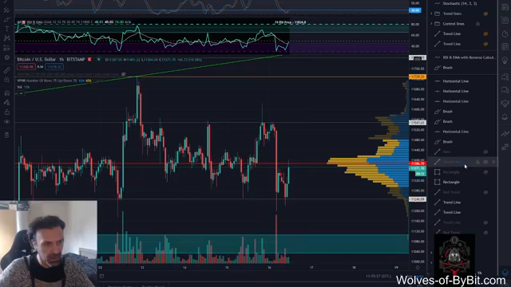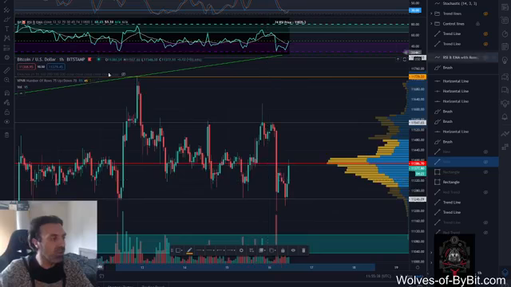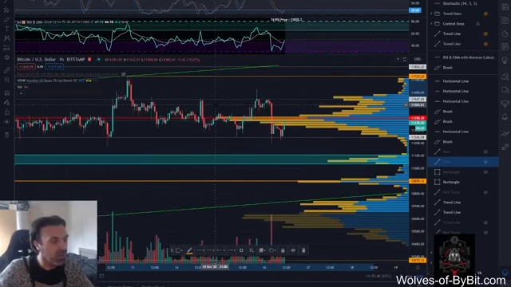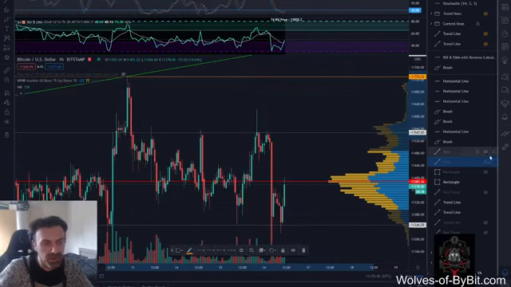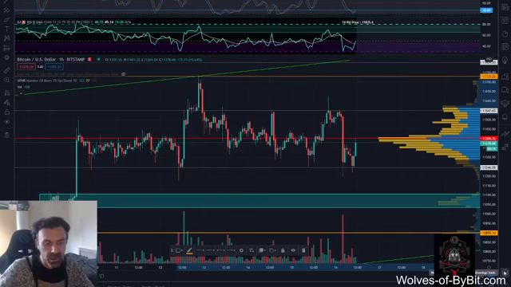Okay, and this one, that was this one. Okay, so I hope you guys know how to do this, because this is an easy way to keep your charts a lot cleaner, because of the clutter. You know, you can hit this little icon here.